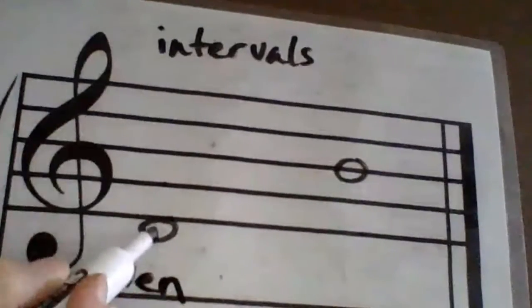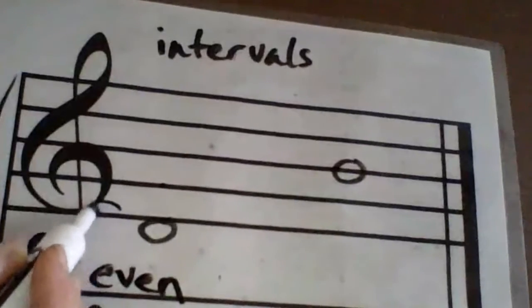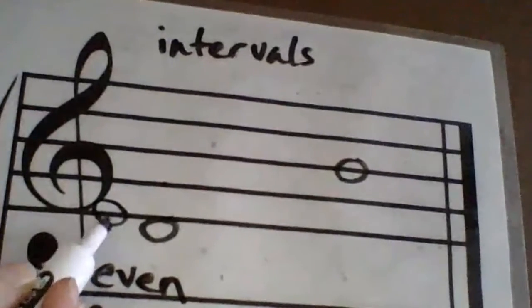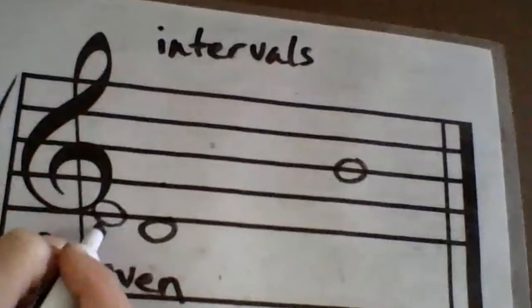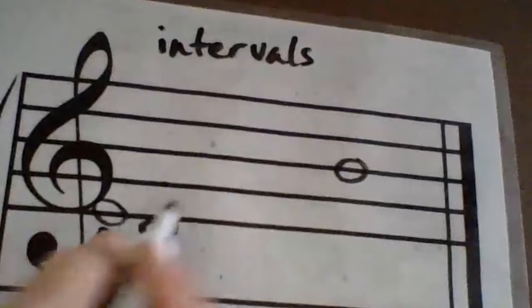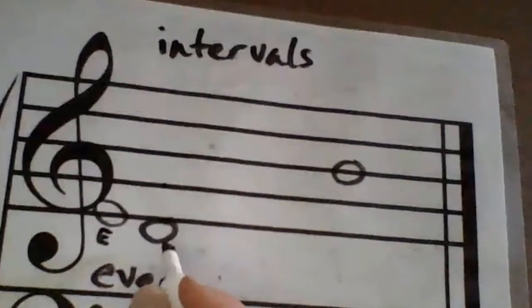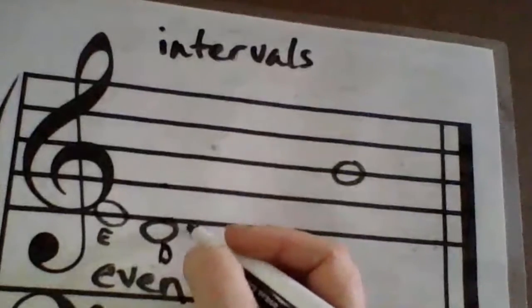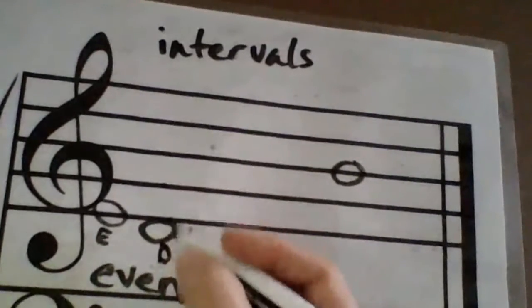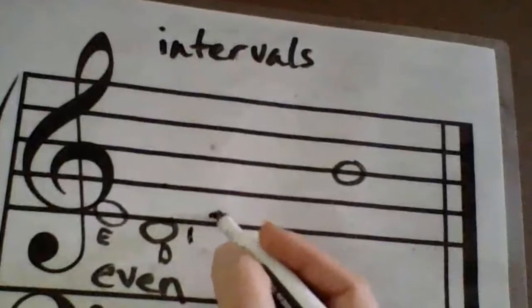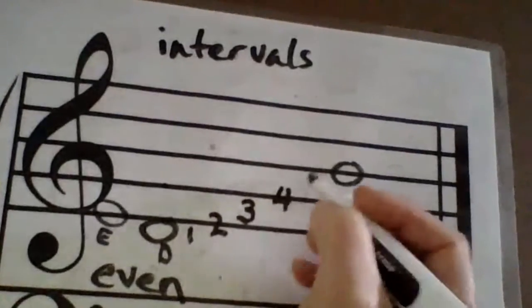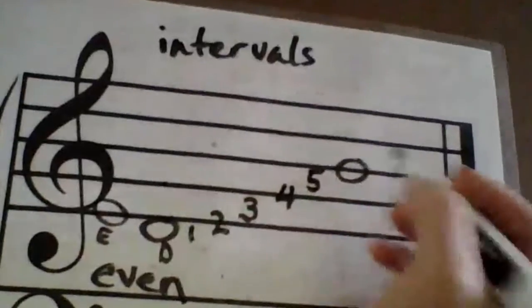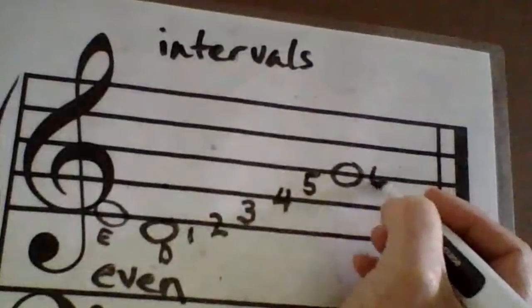Now if you recall, do you know what note this is? If we remember that this first line note in the treble clef is E, it's going to be a step down from E, which is going to be D. So that's our starting note. We start counting at this space below the first line. So that's 1, 2, 3, 4, 5, and we have a sixth.